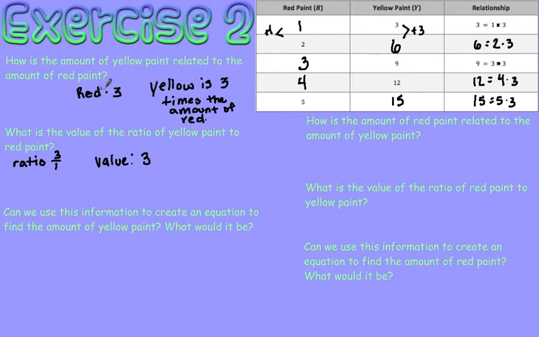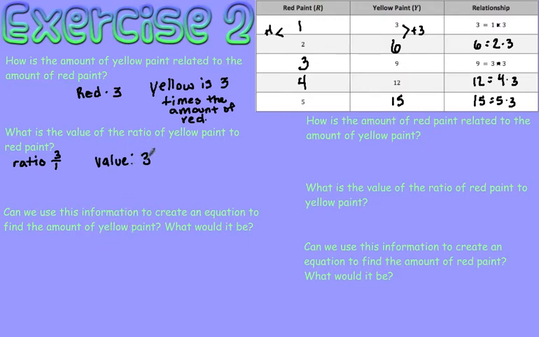So if you look at this, you notice that the value of the ratio of red to yellow is also the amount that we multiplied by to get the yellow. So we're looking to see, can we use this information to create an equation to find the amount of yellow paint, and what would it be?